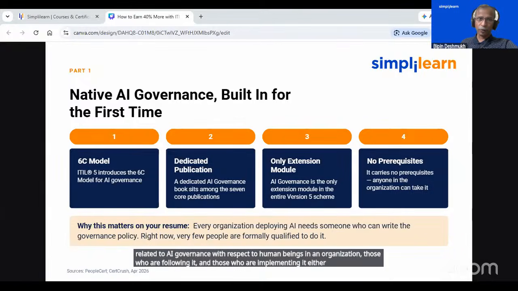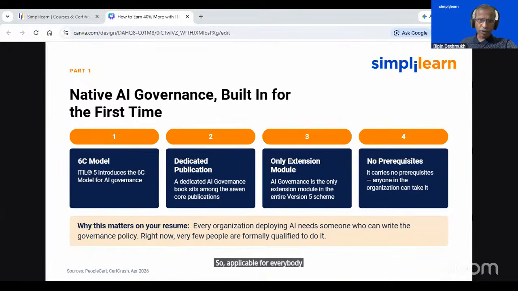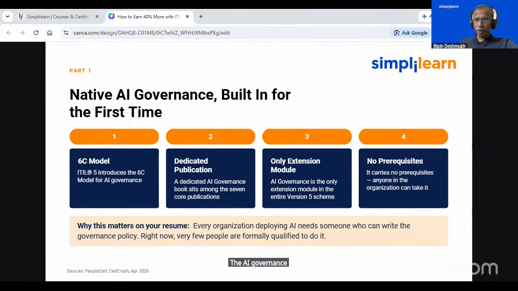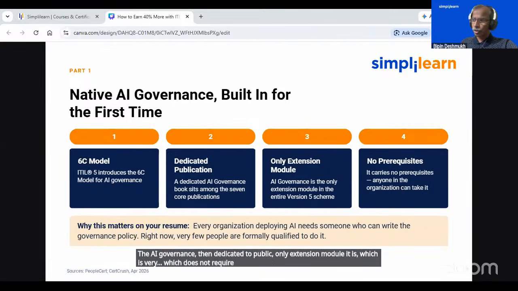So it is applicable for everybody. We have a 6C model which is introduced in governance for AI governance, dedicated as a public-only extension module, which does not require any prerequisites, and irrespective of level in the organization, one can go ahead and pursue this kind of course.